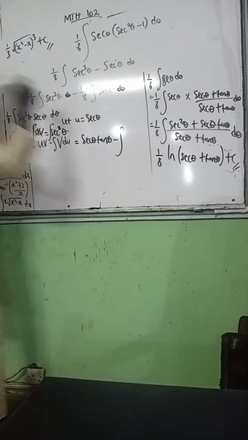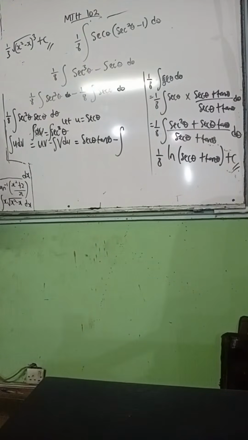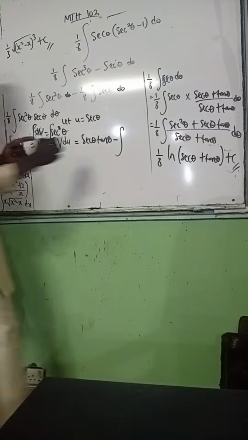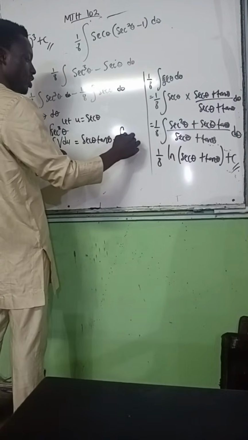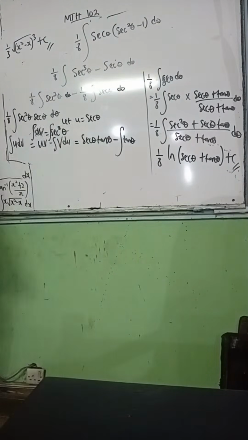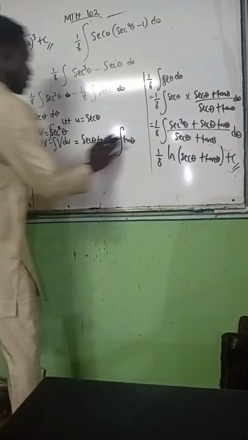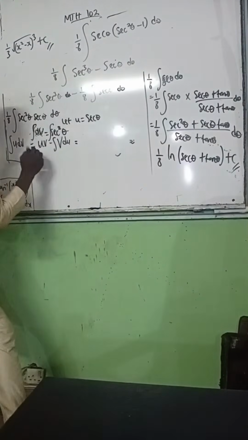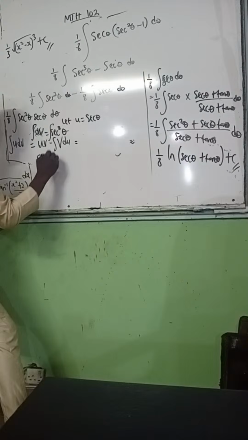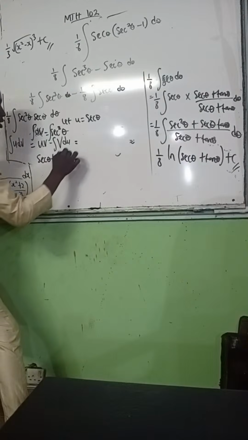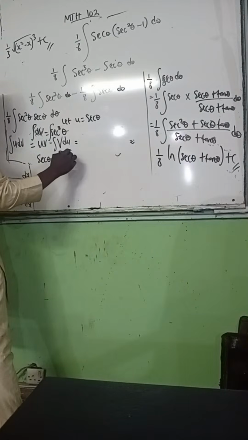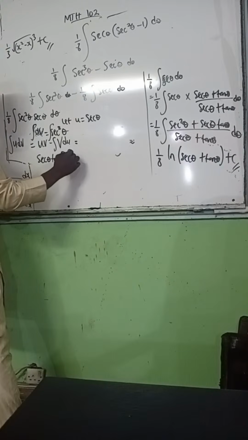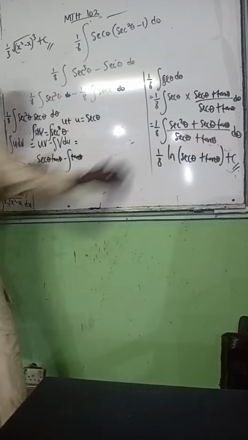Minus the integral of v du. What's my v? Tan theta. So here I have uv, sec theta tan theta, minus the integral of v, where my v is tan theta, du. This is my u.